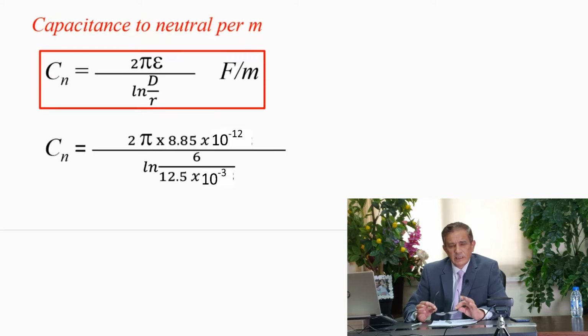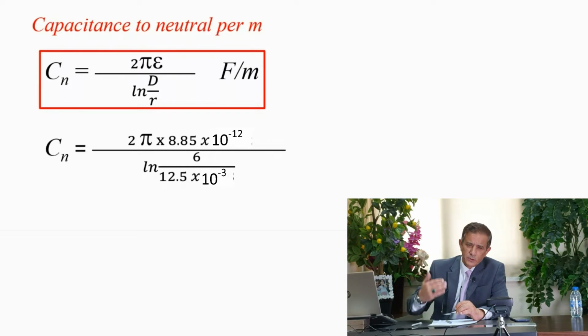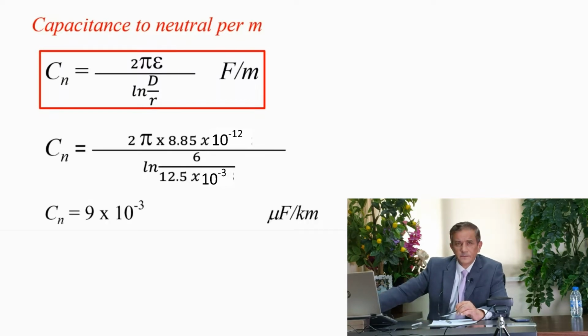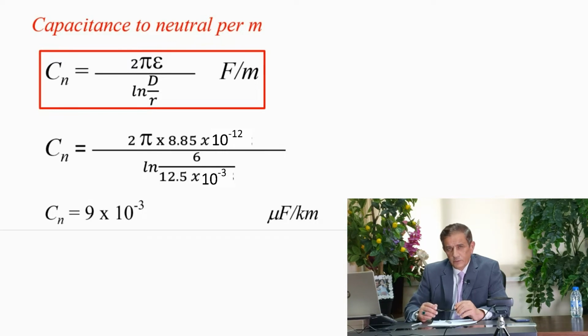Simple substitution. When you see 2π epsilon naught, this is the capacitance to neutral. Capacitance to neutral is always double, as we explained, the capacitance between the phases A and B. We multiply by 1000 for the kilometer, and we are left with micro, which is 10 to the power minus 6.